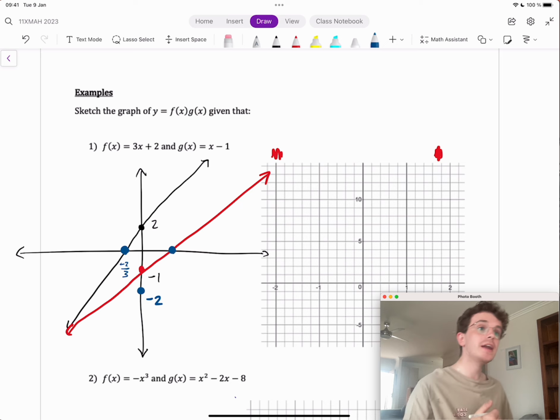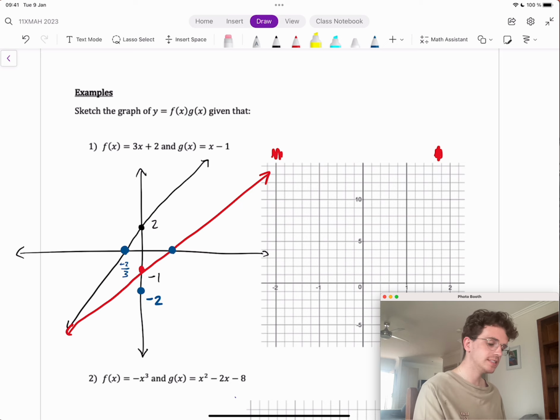Now, this is another one of the important properties of the product of two functions. Down here, that's where our function is negative for both of the functions. So 2 negatives is going to make a positive, which means the product is going to actually be up here.